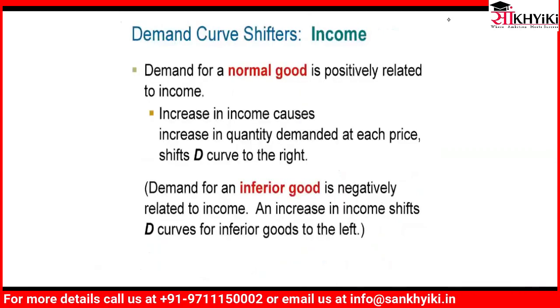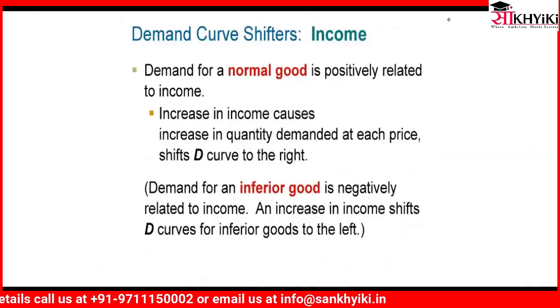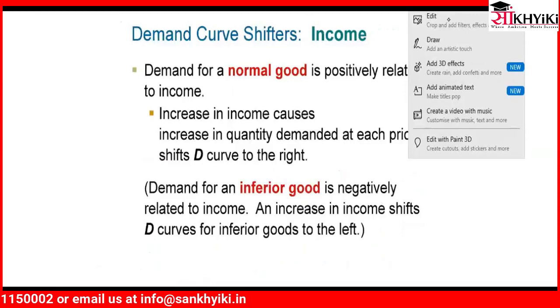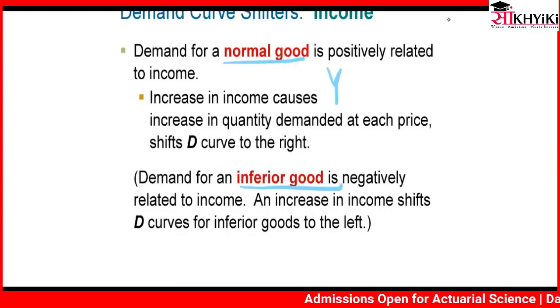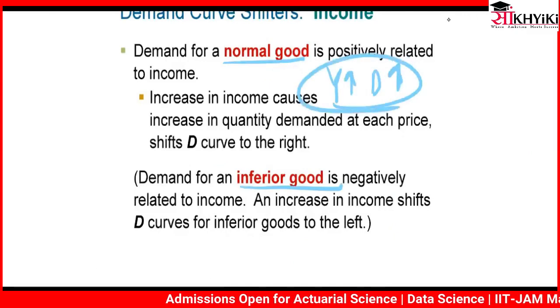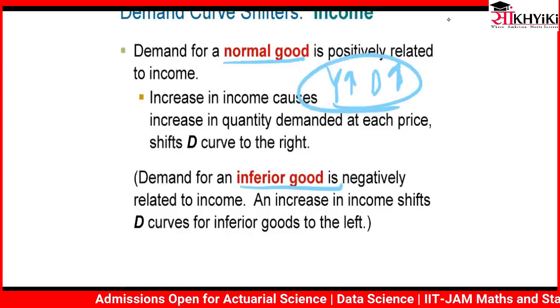Now, the second thing that you have to understand is how demand changes when income changes. And here we are going to talk about two things in economics. The first thing is known as a normal good, and the second is known as an inferior good. Now, a normal good is any good where when your income increases, demand increases. This is like a general good, the usual things we consume.